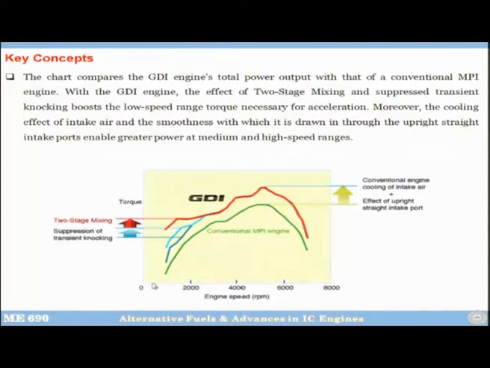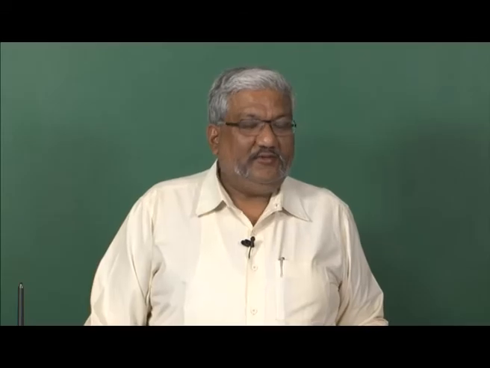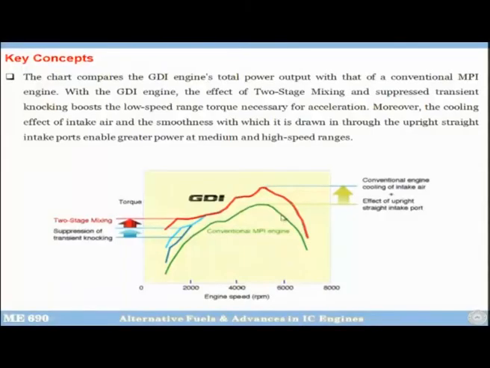So you see here, this axis gives the engine speed, and this axis gives the engine torque, and you would like to go up on this scale. Why? Because you would like to have more and more torque from a small swept volume. So this is the conventional MPFI engine. An MPFI engine is definitely more powerful than a diesel engine.